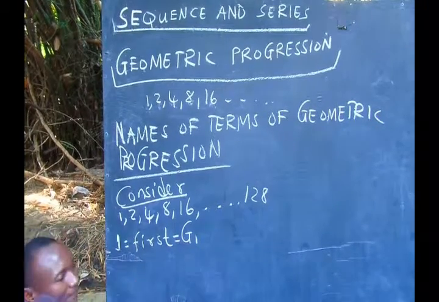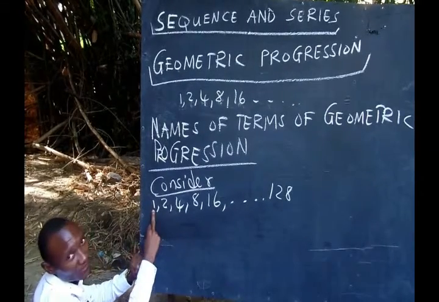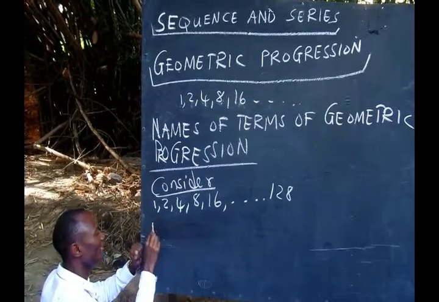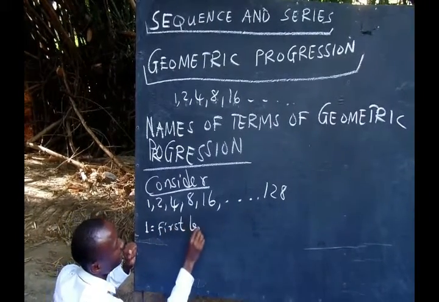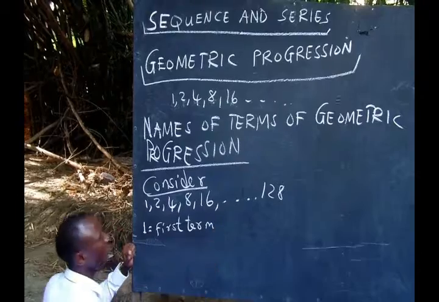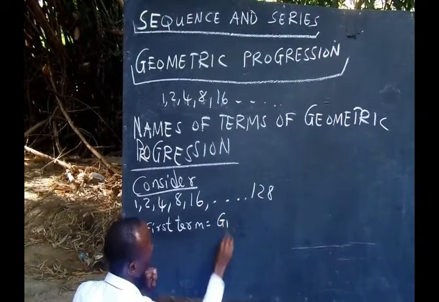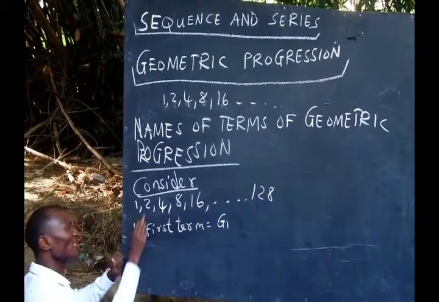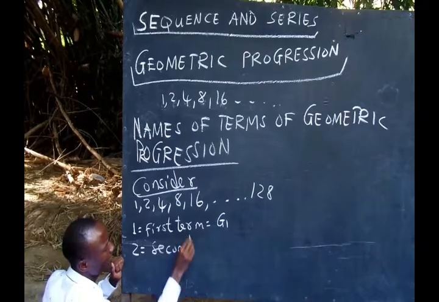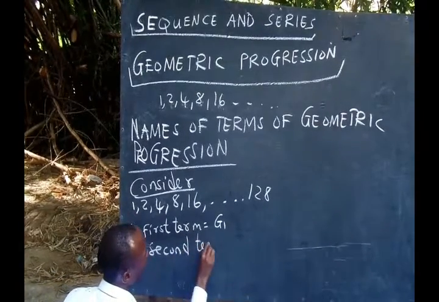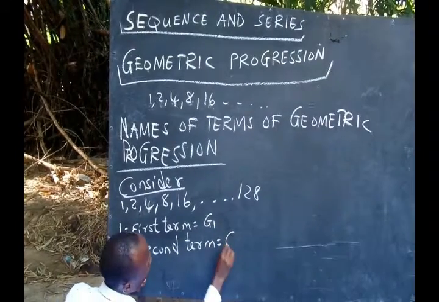One is called the first term of geometric progression, my best friend. 2 is the second term of geometric progression, my best friend. We write G2.